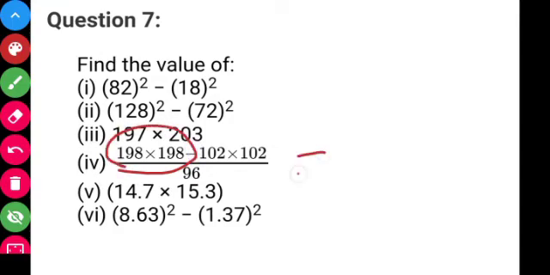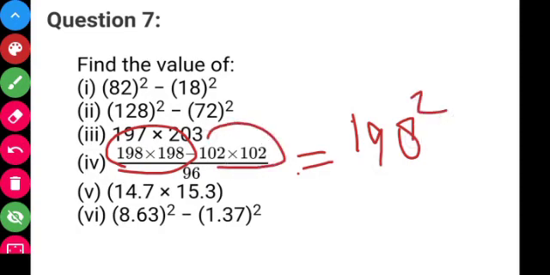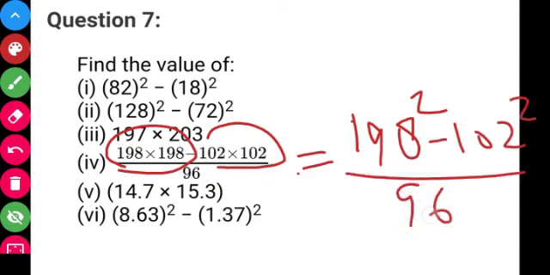So this will be 198 square, and this is 102, that means 102 square upon 96. I hope you are understanding. 198 into 198 will be 198 square, and 102 will be 102 square upon 96.